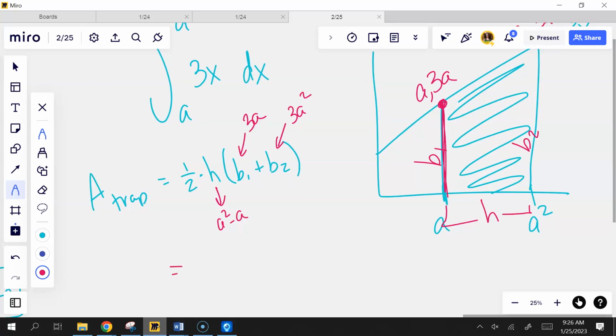I did because I'm extra, but you definitely don't have to. 1/2 (a squared minus a) times (3a plus 3a squared). That's it. Can't combine them because they're not like terms. Does that make sense? Was it easier than you made it?